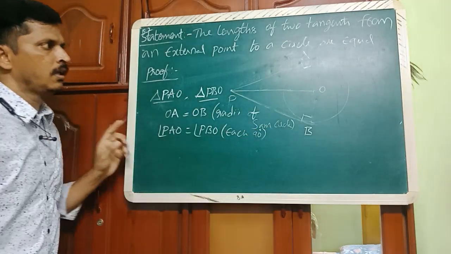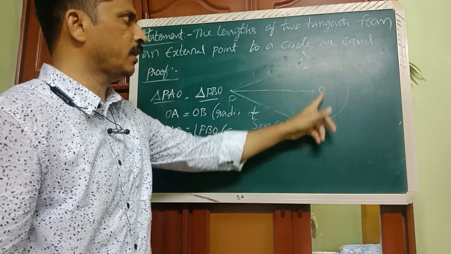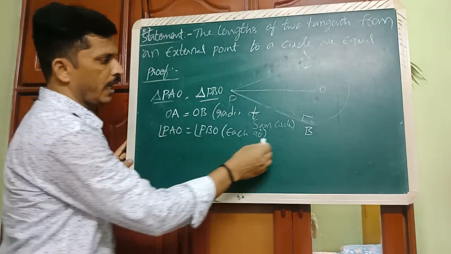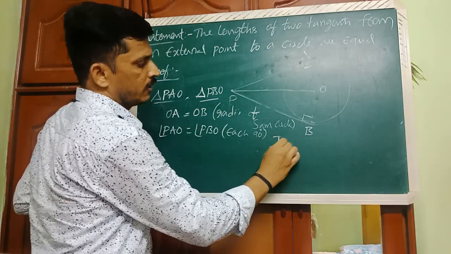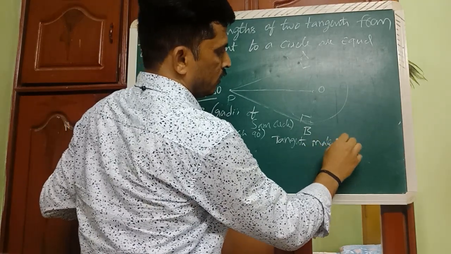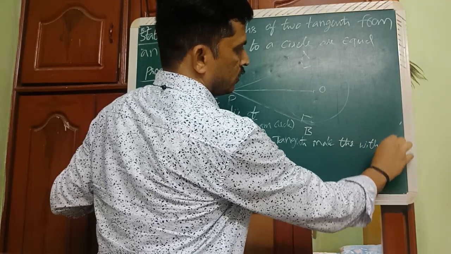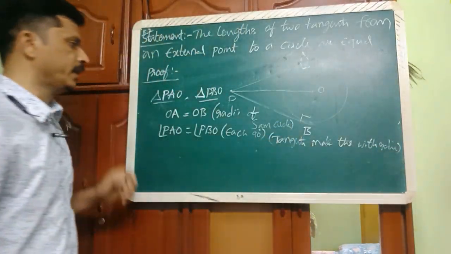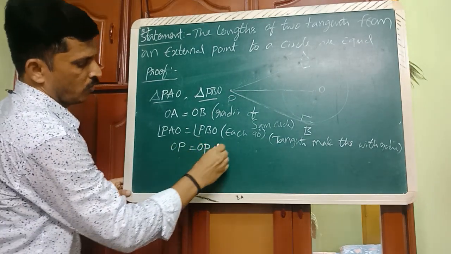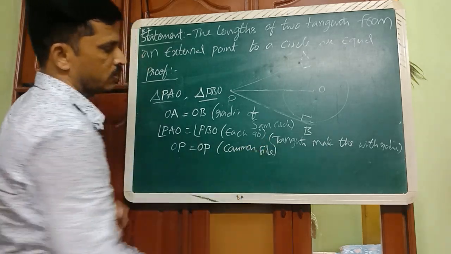Why? Because the radius is perpendicular to the tangent; the angle the tangent makes with the radius is 90 degrees. And OP is equal to OP, because this is the common side of these two triangles.